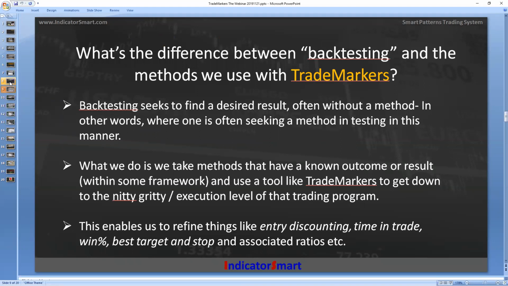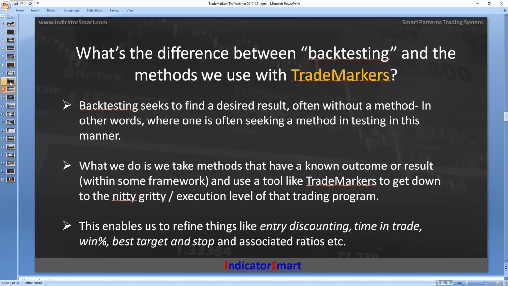So we were talking about backtesting a couple minutes ago, so I put this slide together for that. Backtesting seeks to find a desired result, often without a method. In other words, one is often seeking a method in testing in this manner. That could also be called data mining. But what we do is we take methods that we have a known outcome or result within a certain framework, and then we use a tool like TradeMarkers to get down to the nitty-gritty and refine down at the execution level.